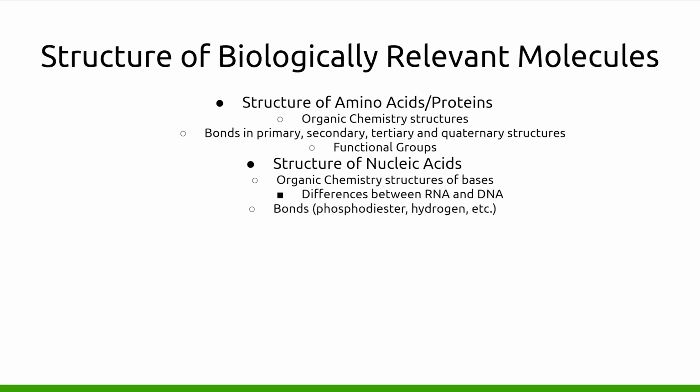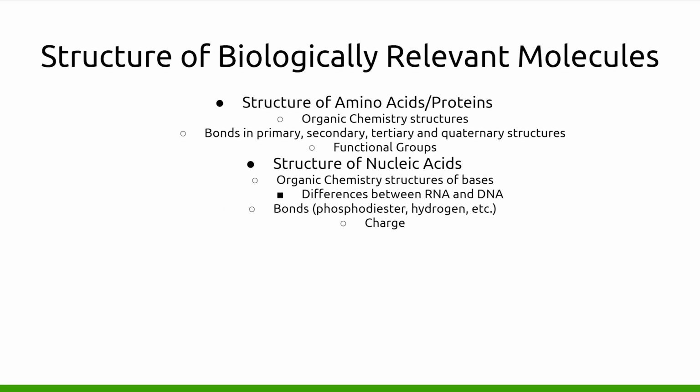Then if we're combining bases together to make up strands of DNA, we have to do that via bonds. Where are phosphodiester bonds? Where are hydrogen bonds? Are there other types of bonds that are formed to make up a DNA structure or an RNA structure? Do I understand how all of those bonds are formed? Then do I understand the charge of a nucleic acid? The charge has a lot to do with how it interrelates to histones and acetylation and methylation. So do I understand the charge of amino acids?